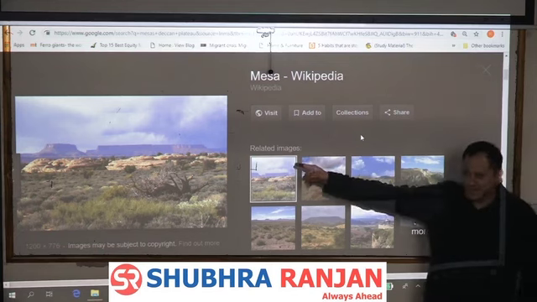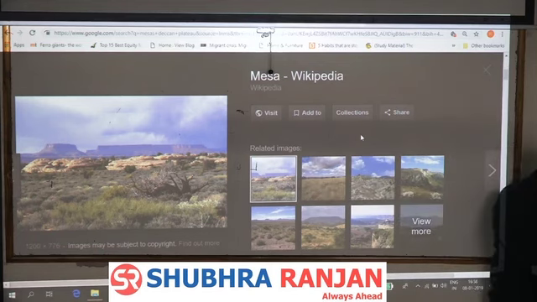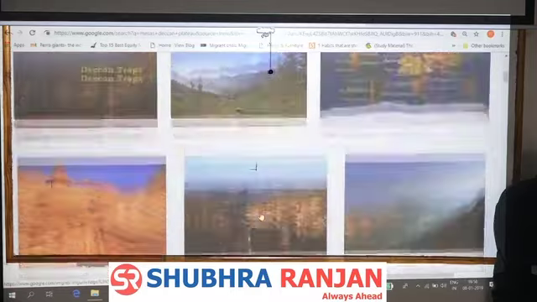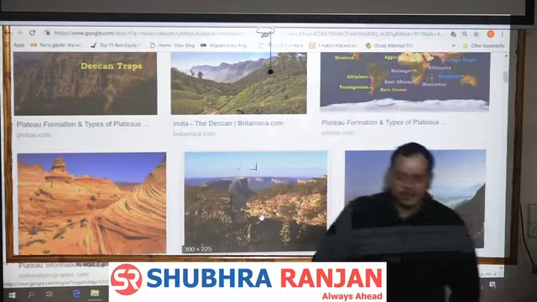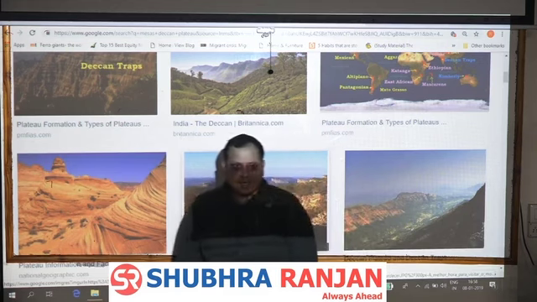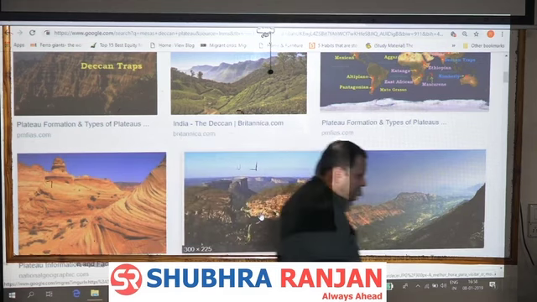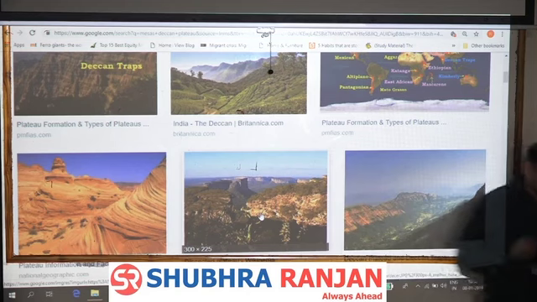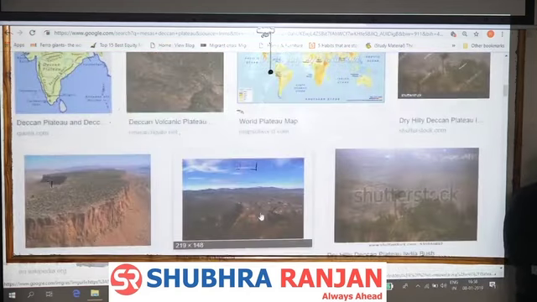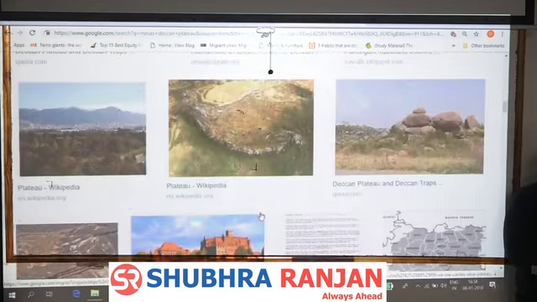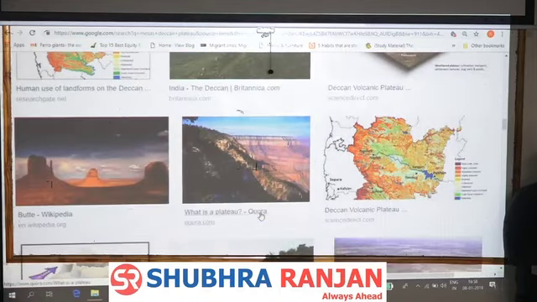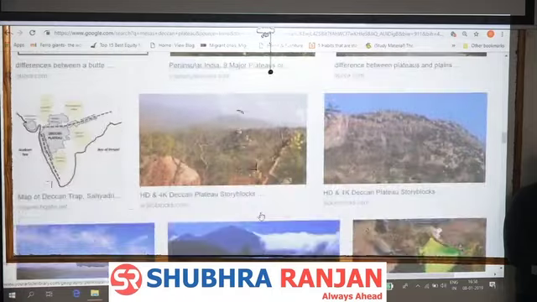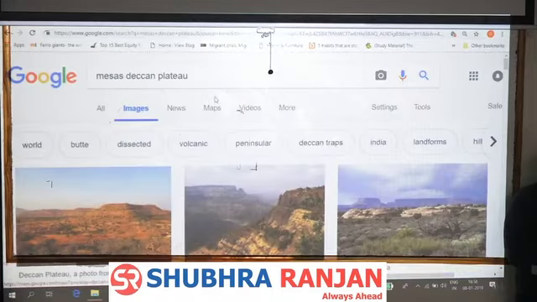This is the second example of mesa and butte. Fine. So you can take down. When the mesas reduce in height, they are known as buttes. B-U-T-T-E-S, buttes.